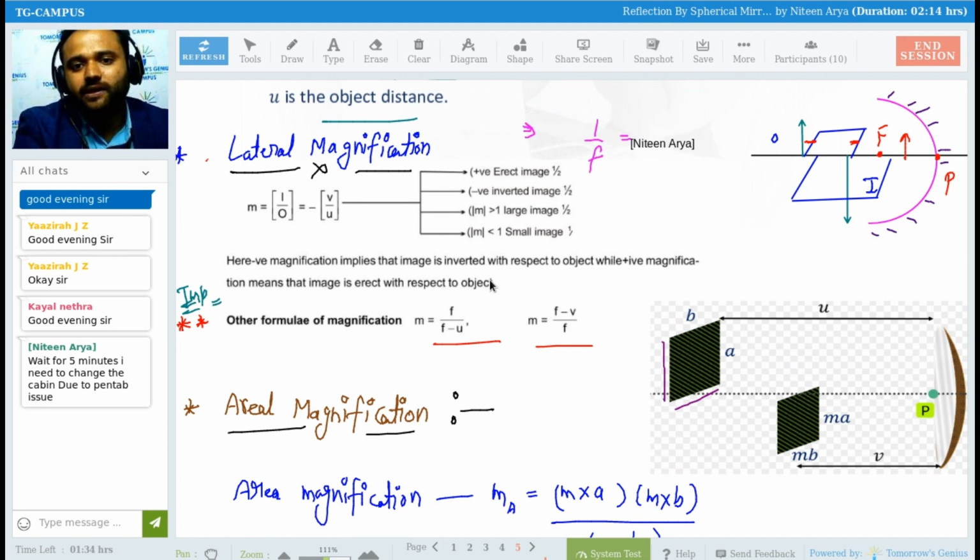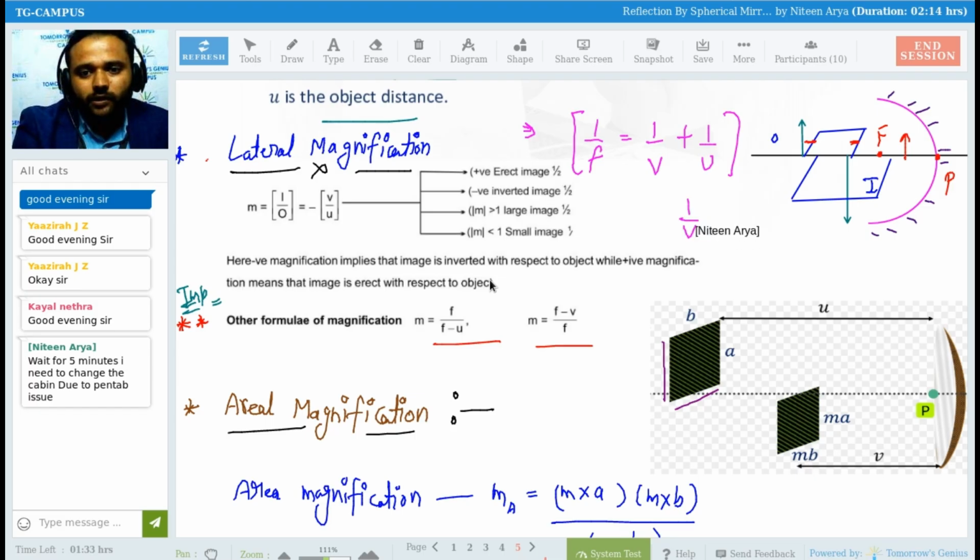So we know the mirror formula is 1 by F equals 1 by V plus 1 by U. So if we know the focal length and U only, 1 upon V equals 1 upon F minus 1 upon U. And if you want to find V, that is going to be FU upon F minus U. And then we can take out U common also.